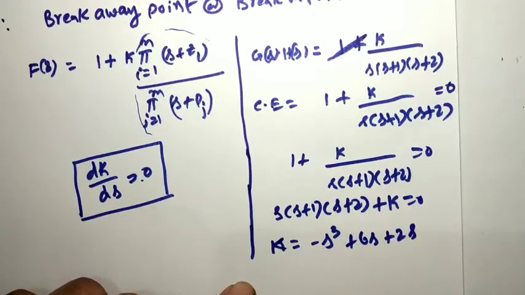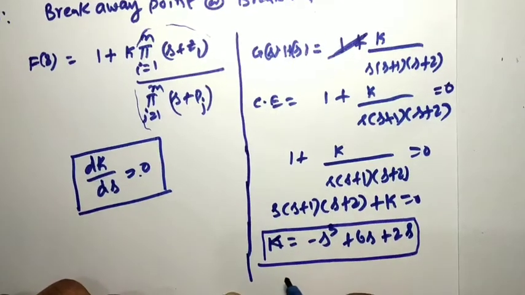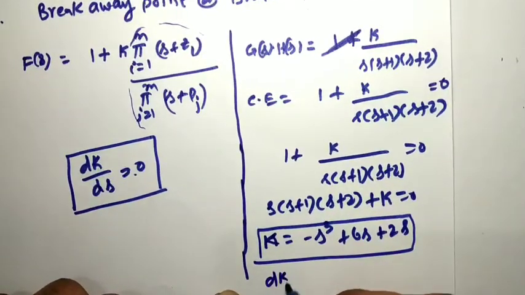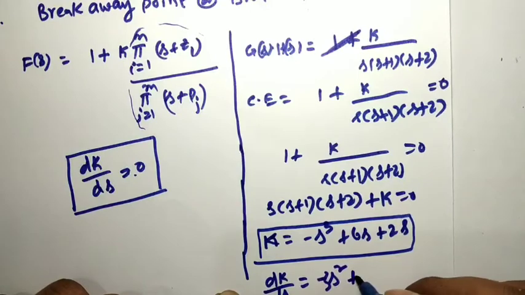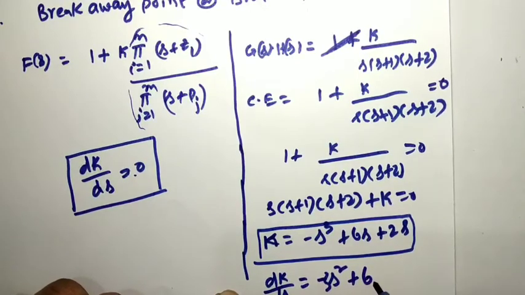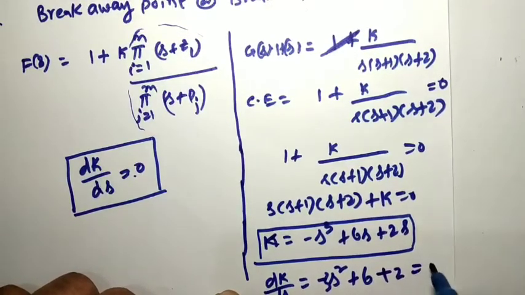So now you differentiate the k value with respect to s. So dk by ds, you will get minus 3s square minus 12s, and differentiating again you get minus 2 is equal to 0.